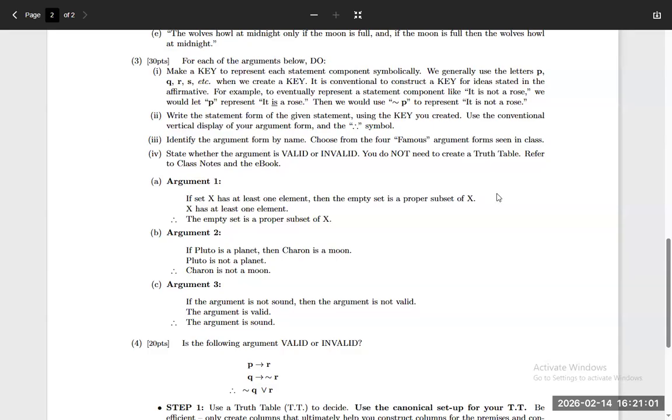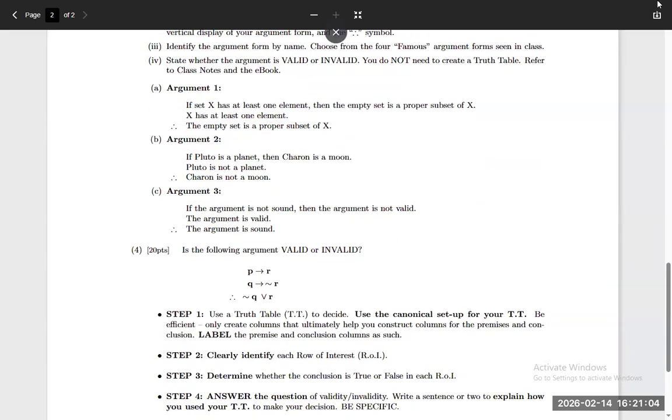Premise one is P then Q. Premise two is Q. No, I thought X has at least one element was P. Oh yes, it is P. So premise two is P and the conclusion is Q. So we'll write our therefore symbol.